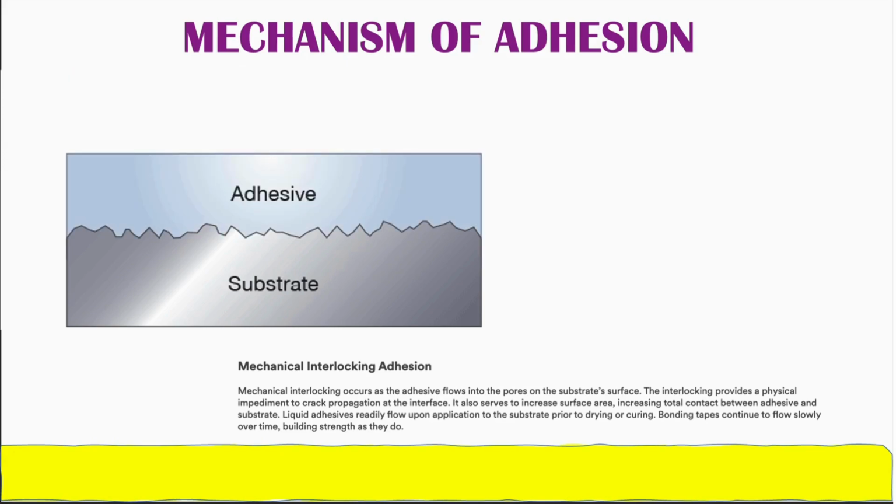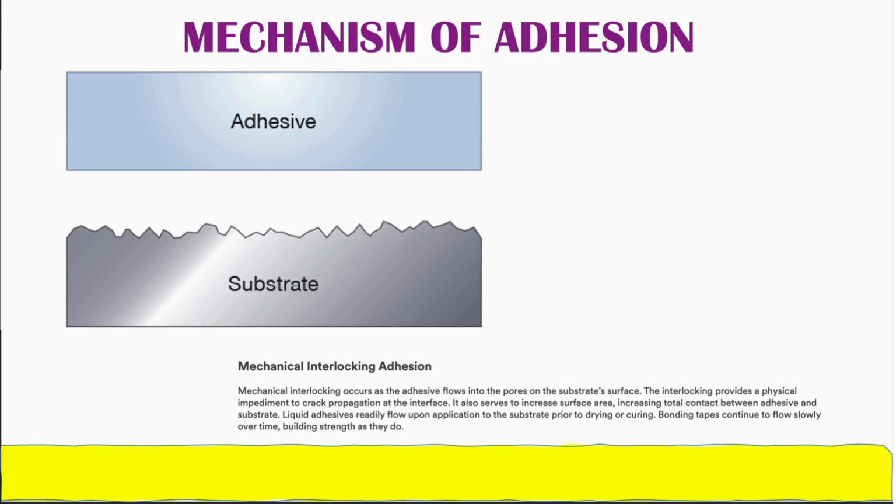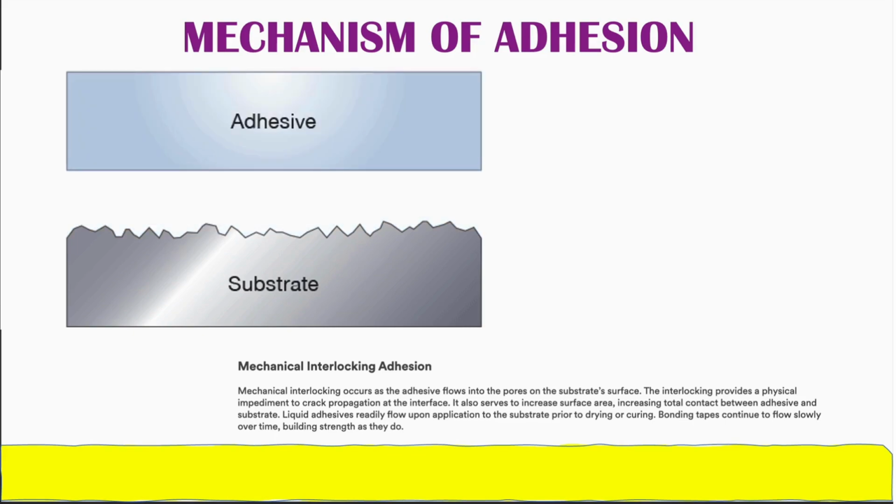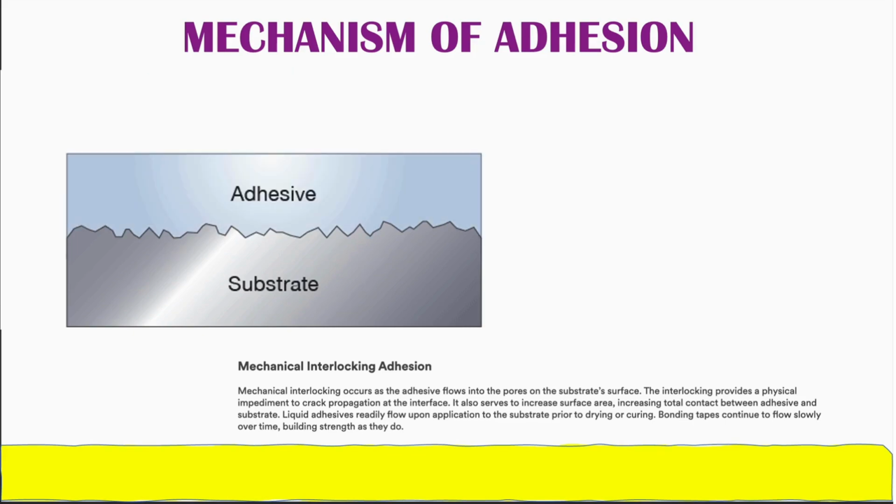So practically speaking, when you apply the adhesive on the surface of the substrate, since it is liquid and free flowing, it flows easily into the little cracks, pores, pits or holes present on the surfaces that you are trying to stick together. Then curing takes place and the two surfaces are sticking together now.